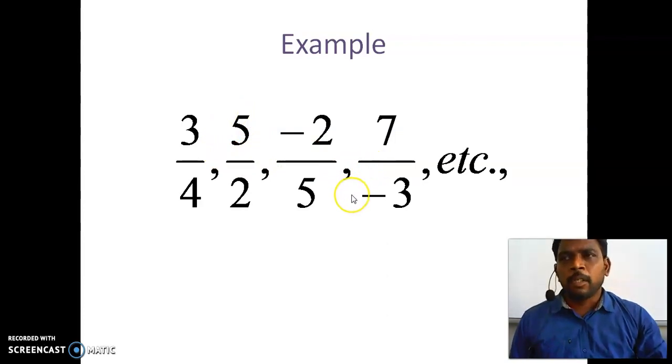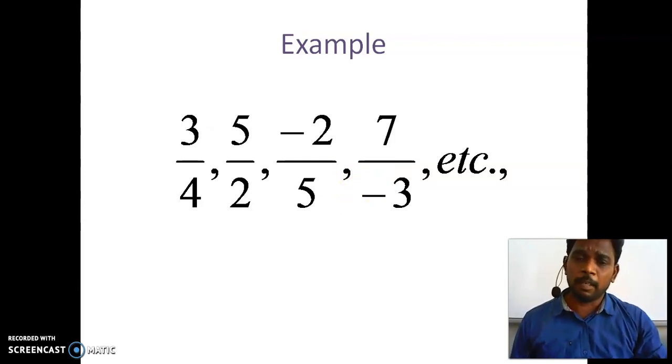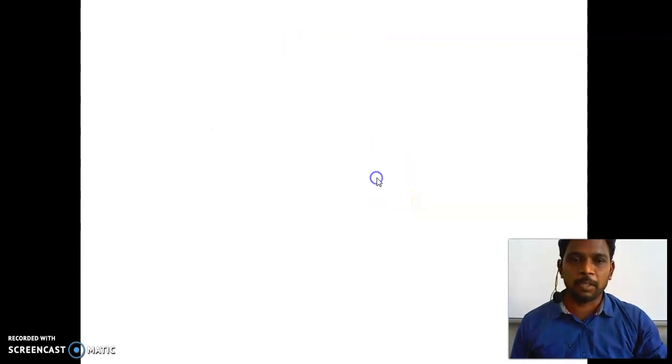And you may be having one doubt: what about fractions? You already know about fractions from your earlier classes. A fraction is also of this format only, isn't it? Can we call 3 by 4 a fraction? Yes, it's a fraction. And what about 5 by 2? That is also a fraction. But not minus 2 by 5 and not 7 by minus 3, because a fraction contains only positive integers.